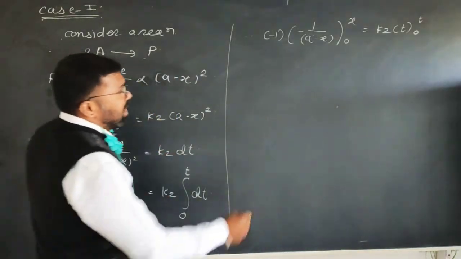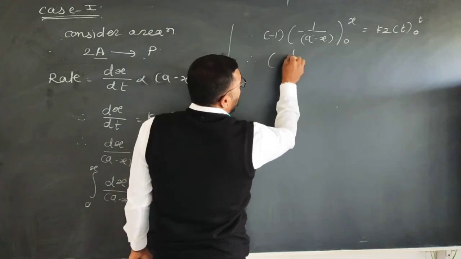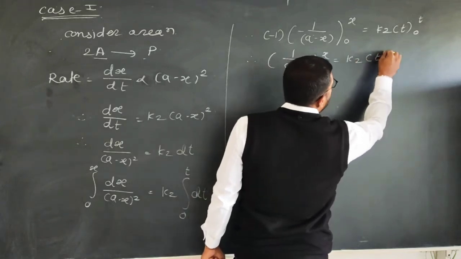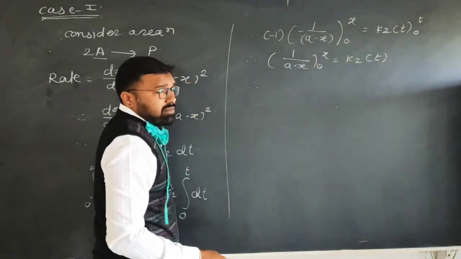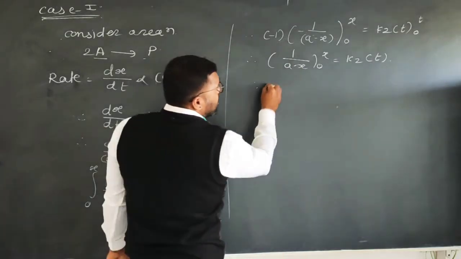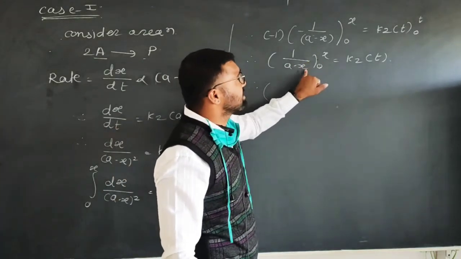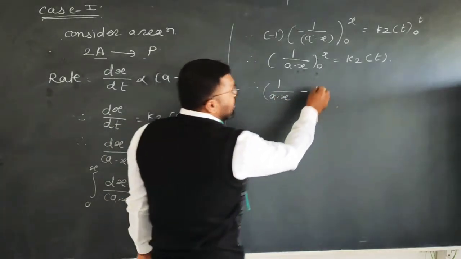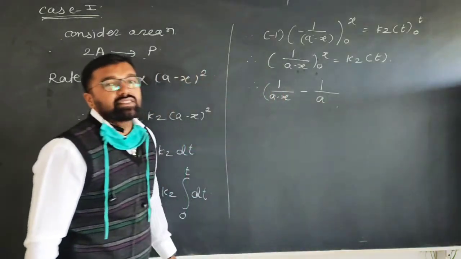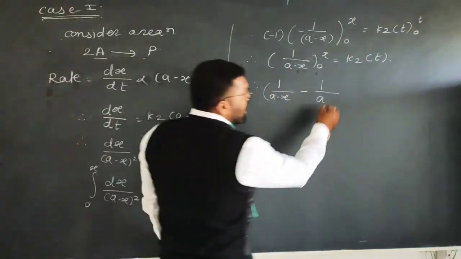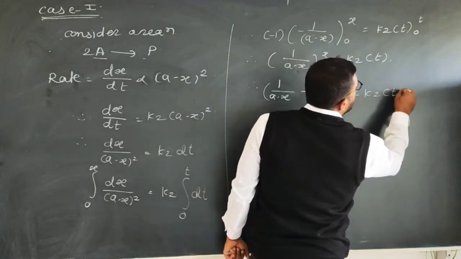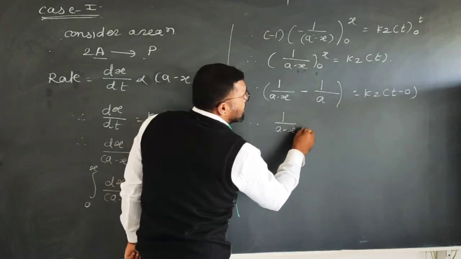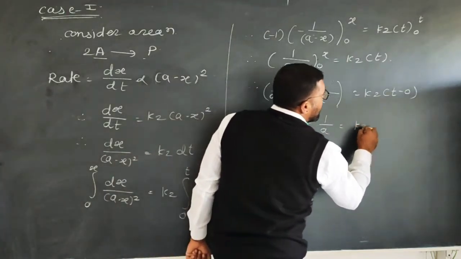Putting upper limit minus lower limit, the upper limit of x is x and the lower limit is 0, therefore 1 upon (a minus x) minus 1 upon (a minus 0), which is nothing but a. Here upper limit minus lower limit for t is t minus 0. Then we can say that 1 upon (a minus x) minus 1 upon a is equal to k2 into t.